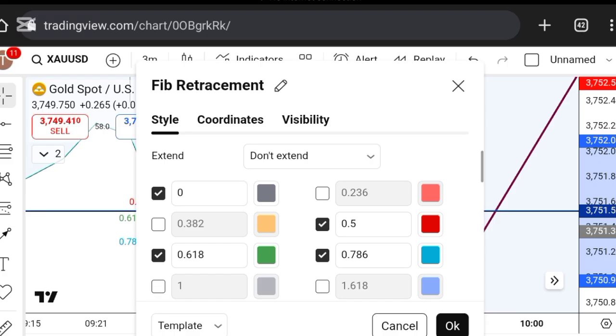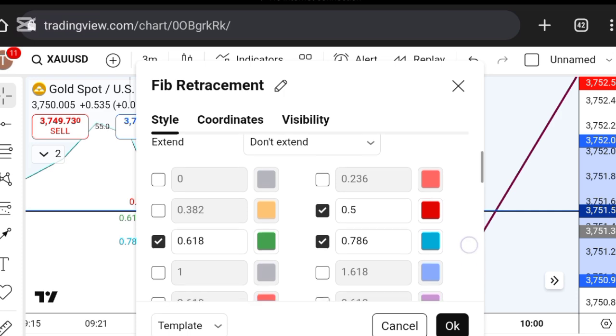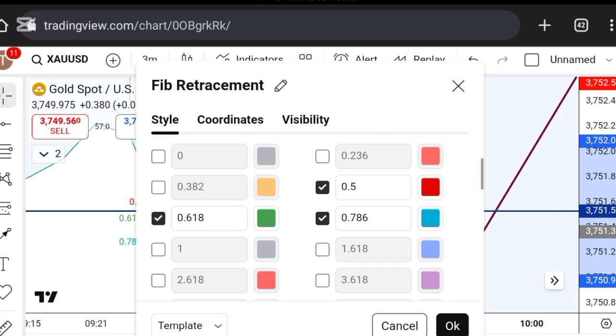The ones I'm looking at are 0.5, which I've just enabled, 0.618, which I've enabled, and 0.786. Those are the fibs that I want.